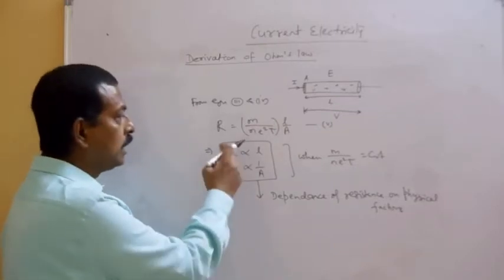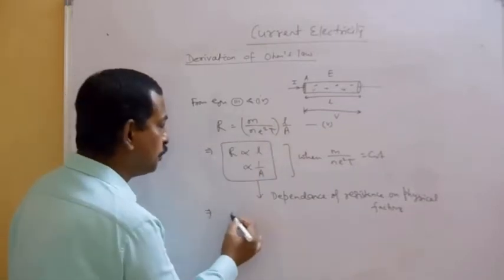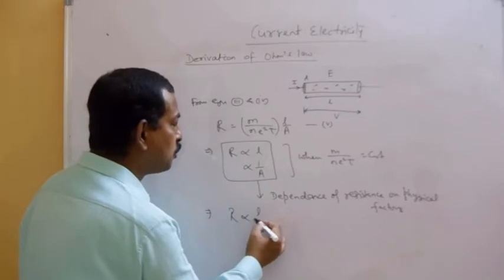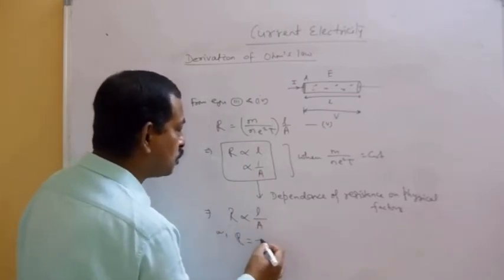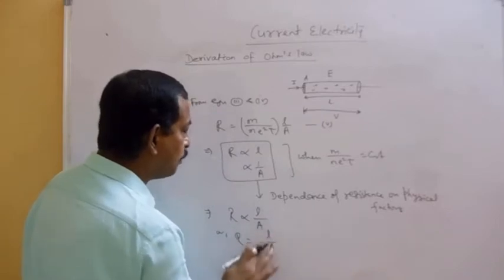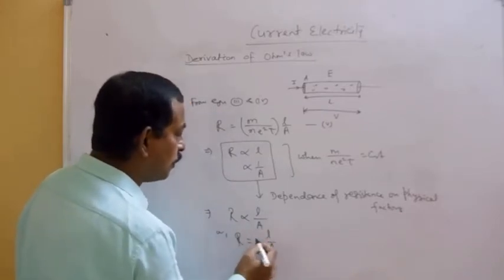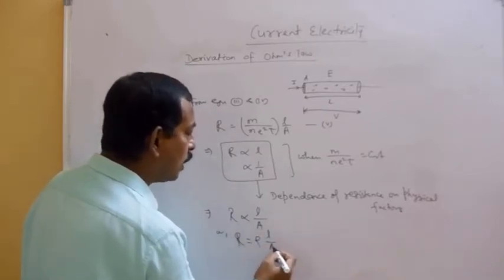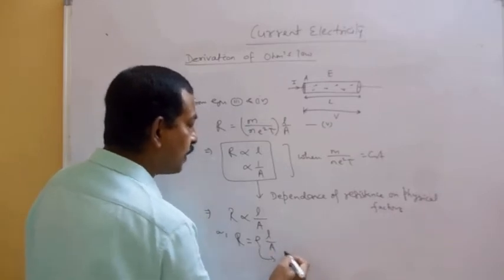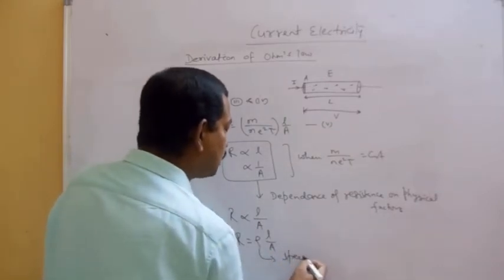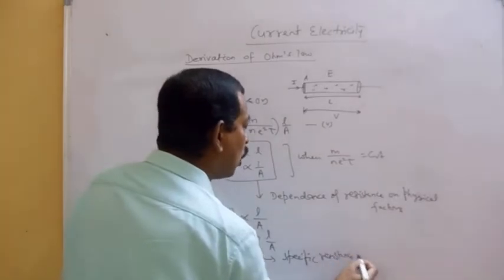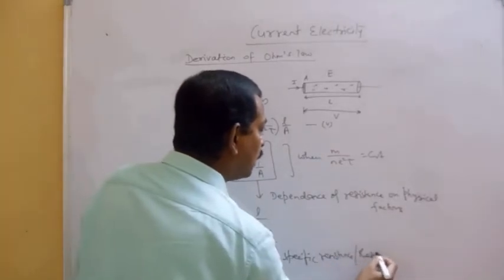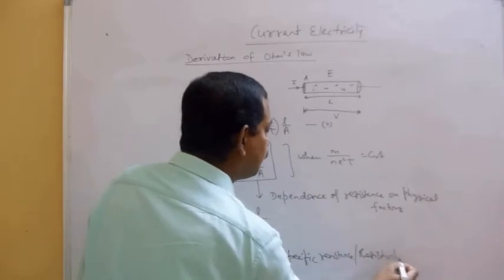Also, if you combine these two, R will be proportional to L/A, or we can write R equals rho L/A, where rho is the specific resistance or resistivity.